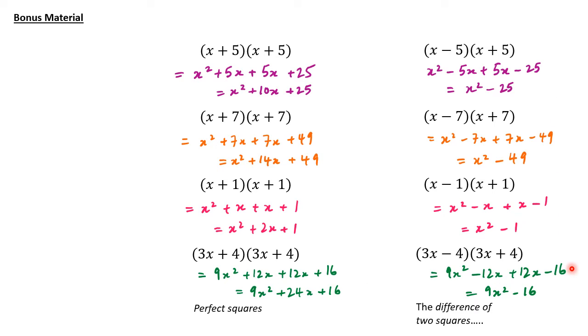The ones on the right are called the difference of 2 squares, because you can see at the end, the result of expanding these brackets, I've got a square thing, x squared, take away 25, which is also a square thing. A difference meaning subtract. I've always got the difference of square things, so x squared and 49, which is 7 squared. So this is what we're going to look at: we're trying to spot these square numbers.